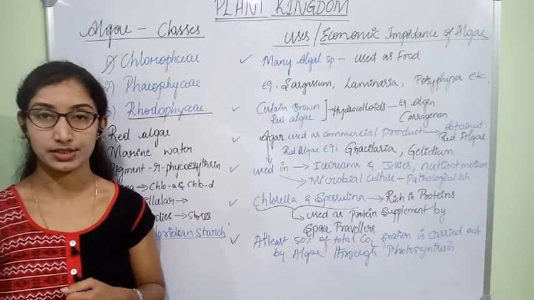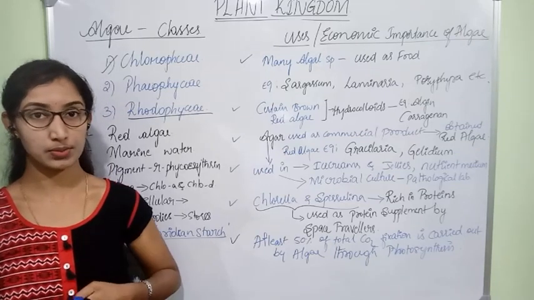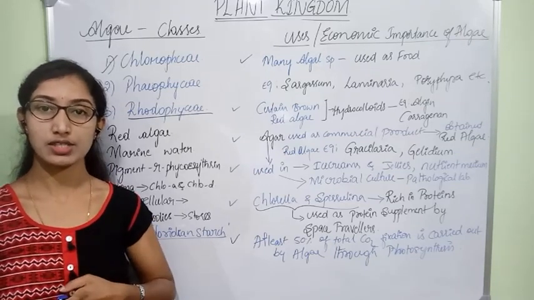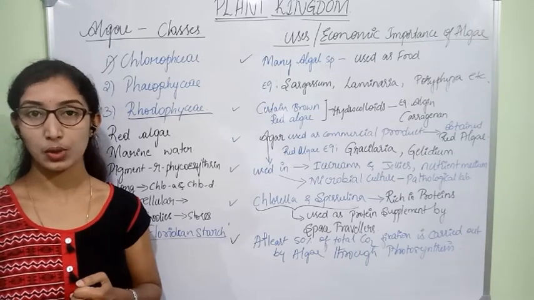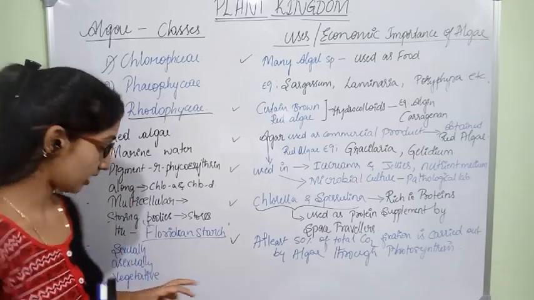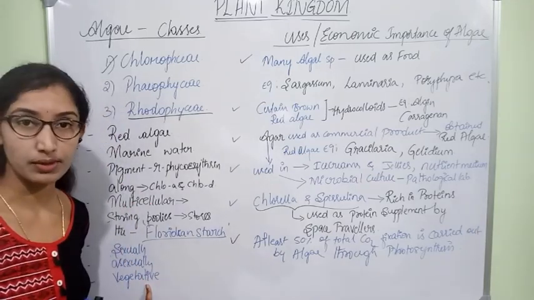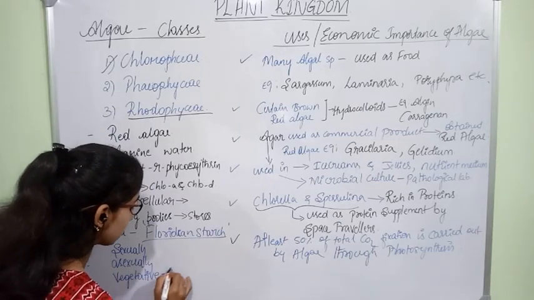Some red algae show vegetative reproduction, some show asexual reproduction, and some species show sexual reproduction. In vegetative reproduction, they reproduce by fragmentation.